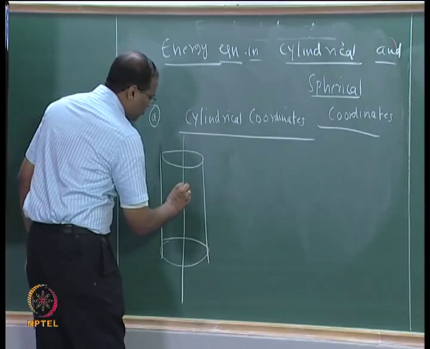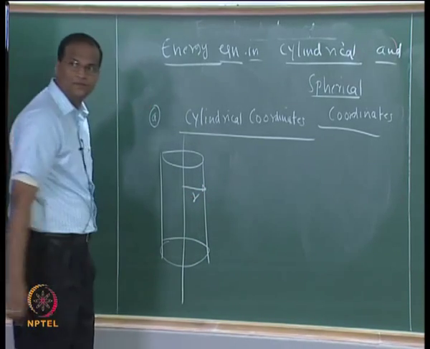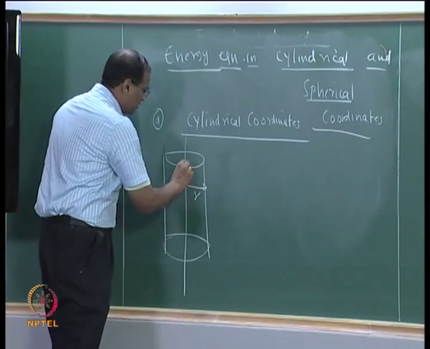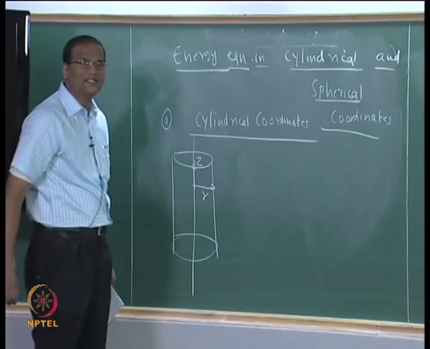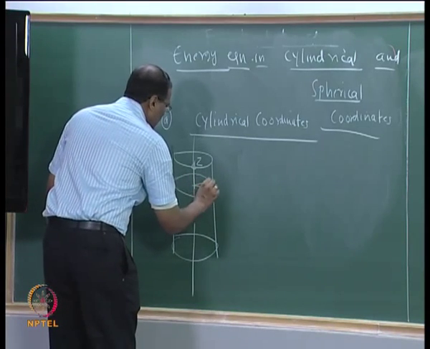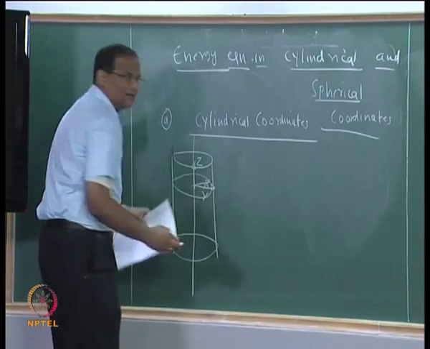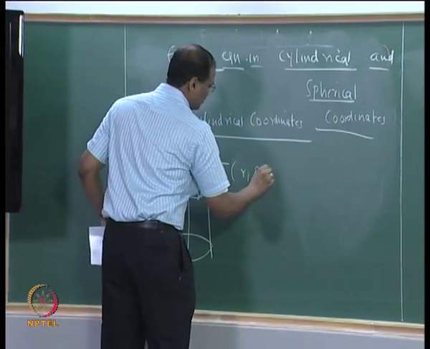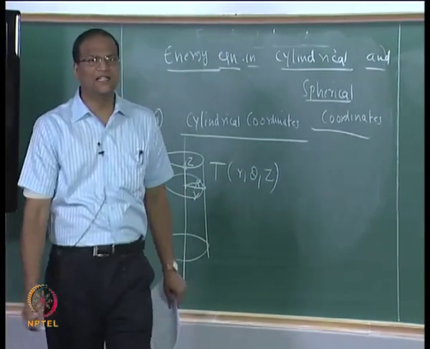So the temperature could be a function of the radius r. The temperature can change along the axial line, axial distance z, then there is this coordinate. So this we call theta, this angle. So T of r, theta, z. It is called an r theta z coordinate.